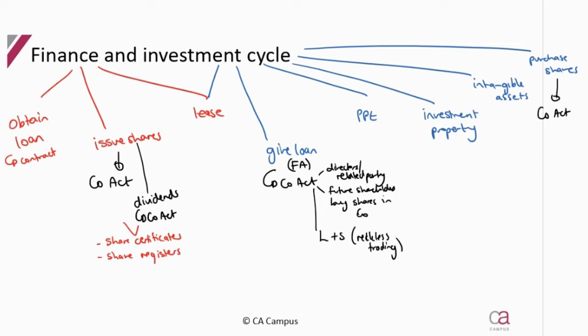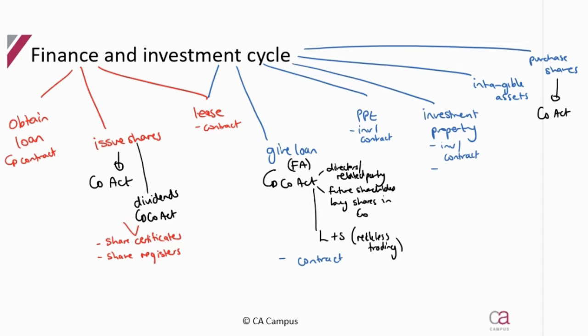The lease, there would be a lease contract. Giving a loan, there would obviously be a contract. Buying PPE, there would be either an invoice or a contract for that. And the same for investment property.